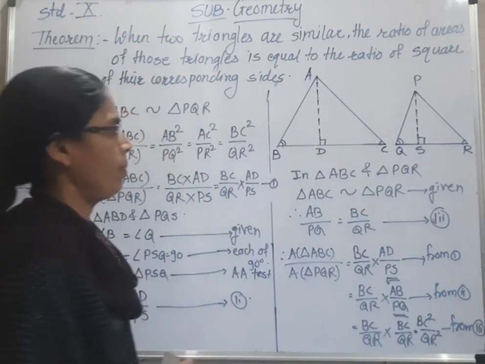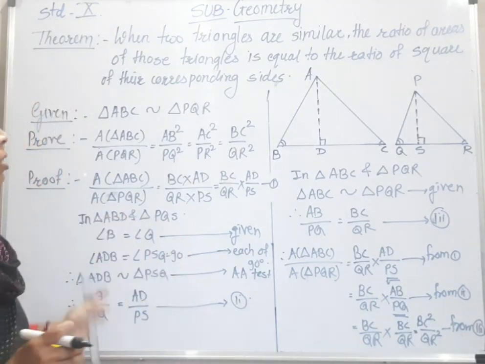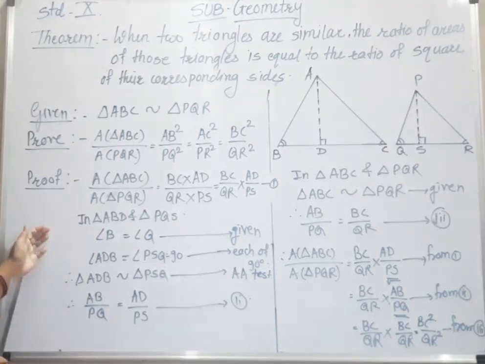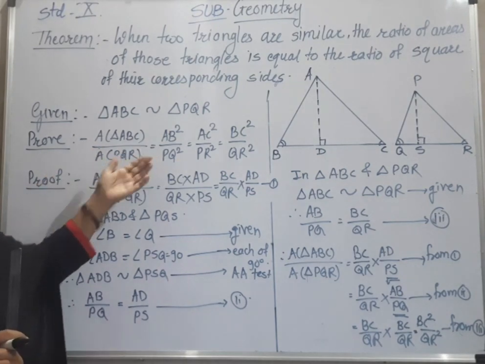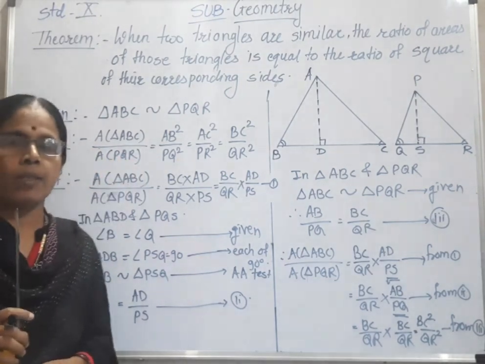Hence proved. I hope you have understood this theorem: how to prove that the ratio of areas of two similar triangles is equal to the ratio of squares of their corresponding sides. Thank you, students.